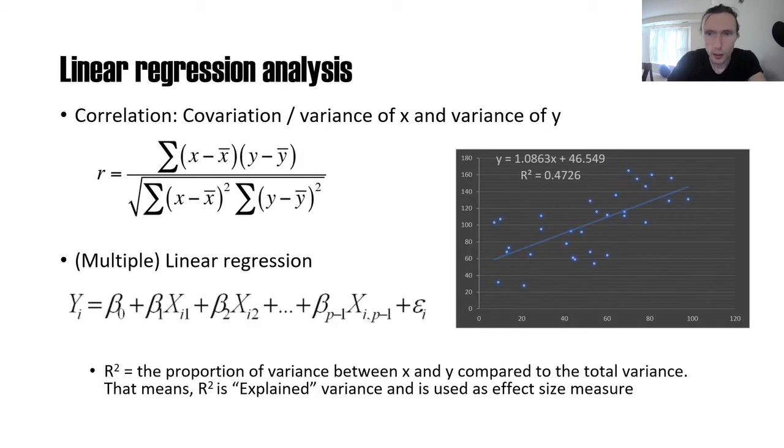Let's take this example here, where you have the formula as well. Again, you have an x-axis which goes from 0 to 120, and a y-axis which goes from 0 to 180. There are different dots, which are different observations, different BMI scores. Well, okay, probably not BMI scores because they wouldn't go up to 120, but it doesn't really matter.